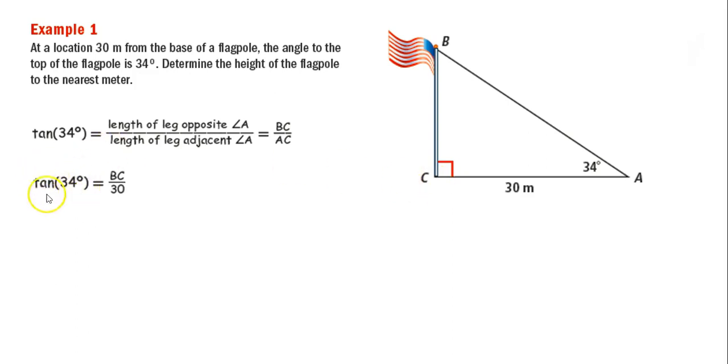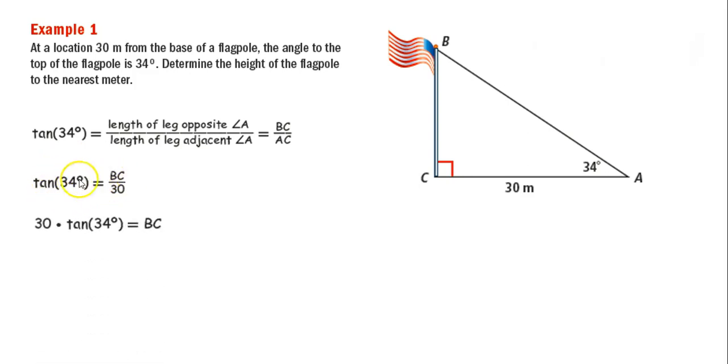The tangent of 34, whatever this number is, and we're going to use a calculator to evaluate that, is equal to whatever this length is, BC. In this case, it's the height of the flagpole, divided by 30. Why? Because the tangent of any angle A is equal to the leg opposite that angle divided by the leg adjacent to that angle. So this, while it might look complicated, is just a very basic algebraic function.